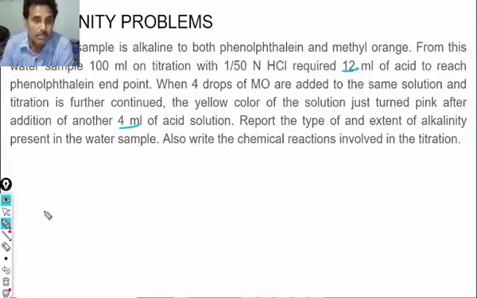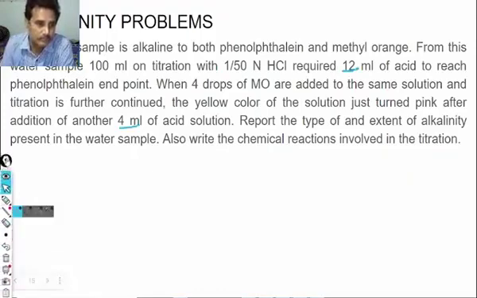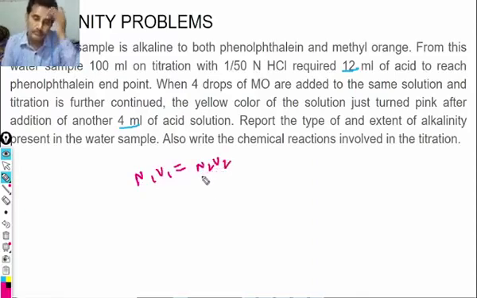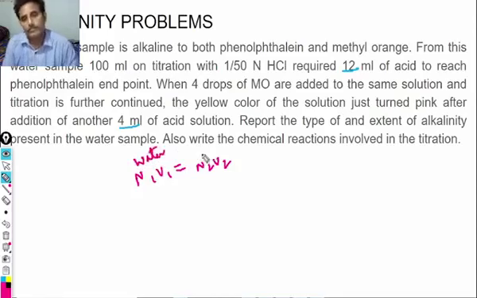Now we can calculate very easily by using the stoichiometric equation. You know the N1 V1 equal to N2 V2 principle. Imagine this is the water sample and this is the HCl solution. The normality of the water sample you need to find out.